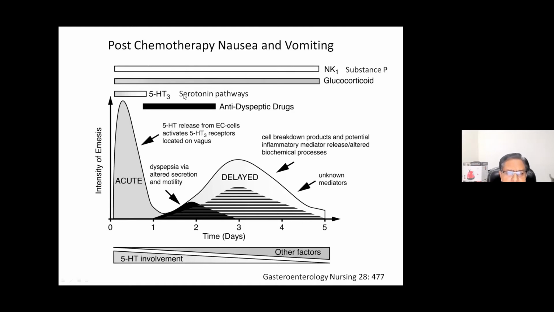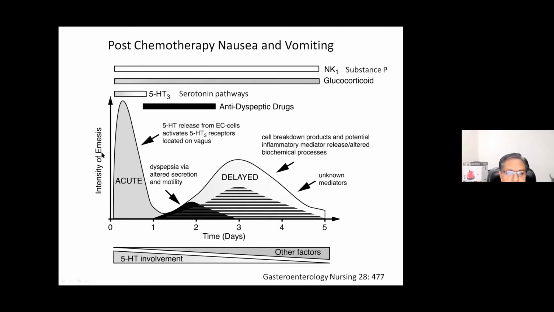But if we see these three drug patterns, the NK receptor antagonist like aprepitant and the glucocorticoid are effective across the whole course of nausea and vomiting when patients are receiving chemotherapy. On the other hand, the 5-HT3 antagonists are only useful in the acute phase of chemotherapy.